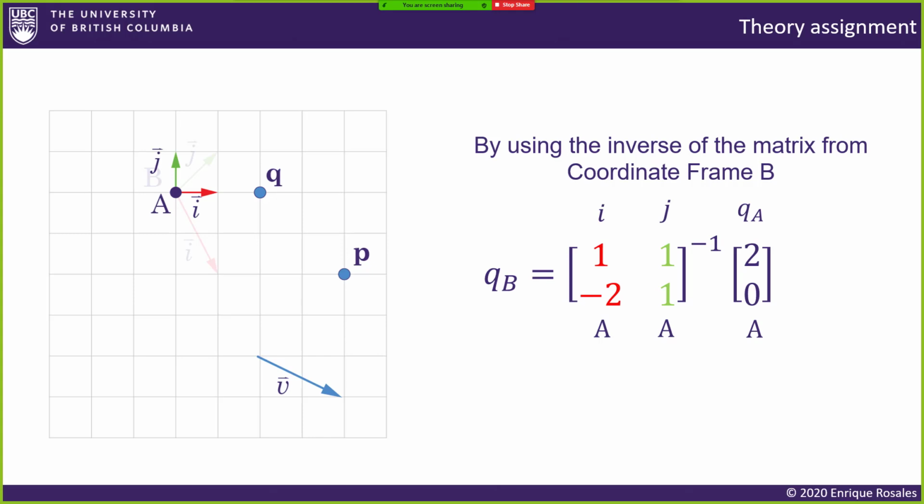Something that actually happens in your theory assignment, which I'm not showing right now: I don't know if everybody already opened the PDF, but you have several coordinate frames. You have a coordinate frame A, which is the original coordinate frame that has no transformations whatsoever.